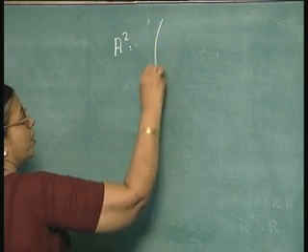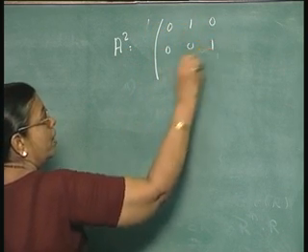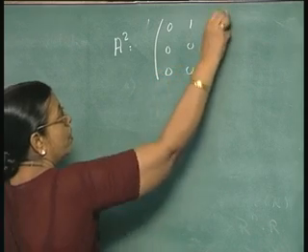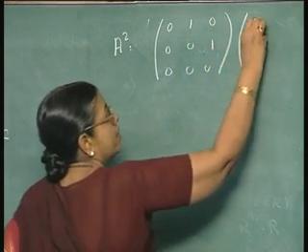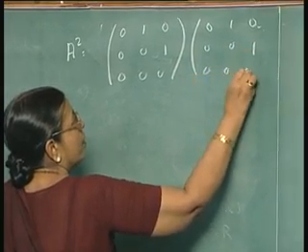What can I say about A squared? It is the matrix 0 1 0, 0 0 1, 0 0 0 multiplied by 0 1 0, 0 0 1, 0 0 0.